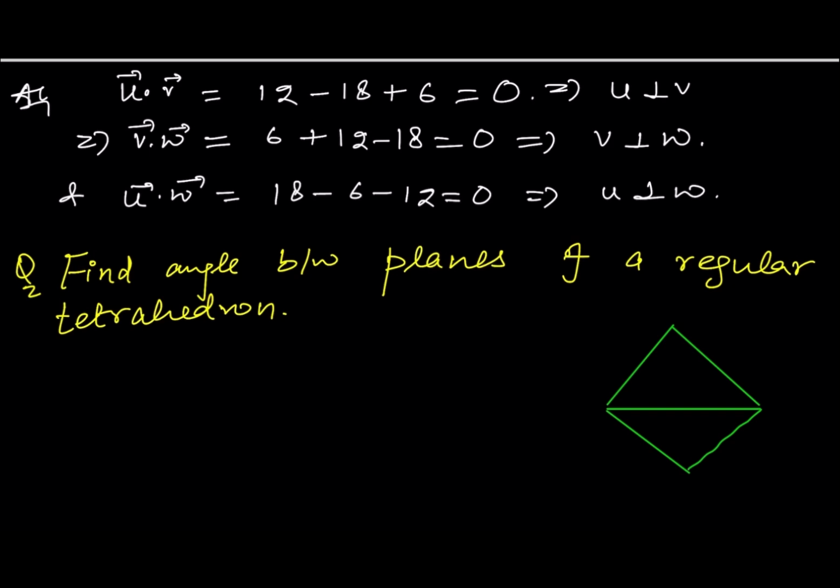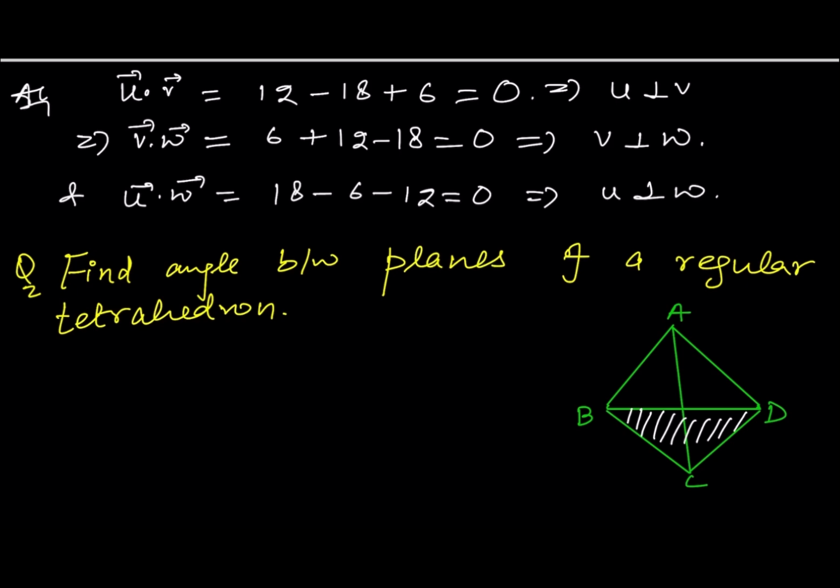So I am drawing this tetrahedron. Here ABCD is a tetrahedron having base BCD, right? So we have to find the angle between any two planes or any two faces. So I'm interested in finding the angle between plane ABC and plane ADC, right?